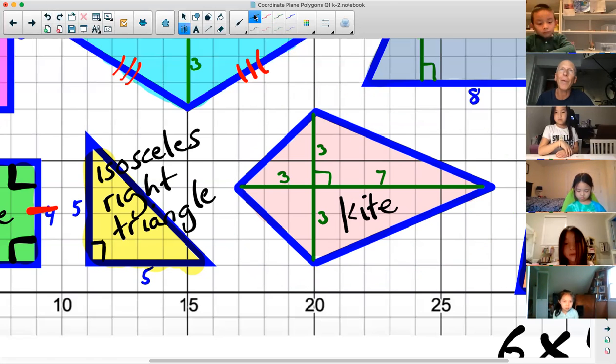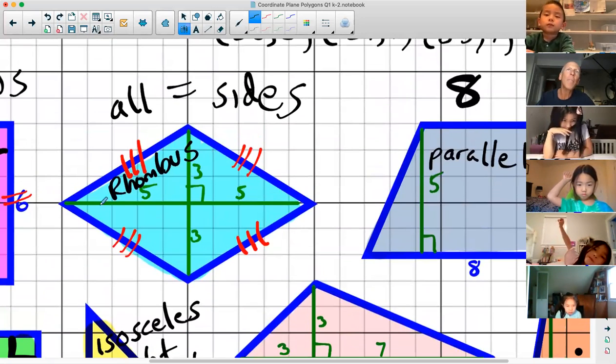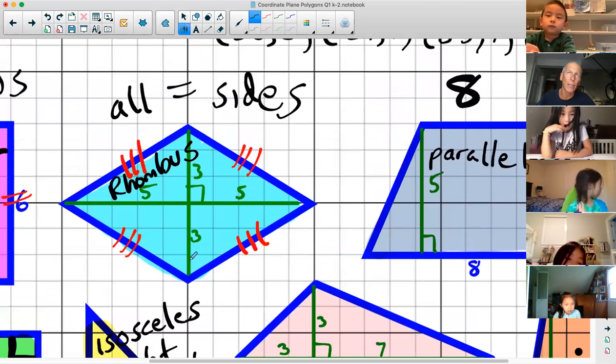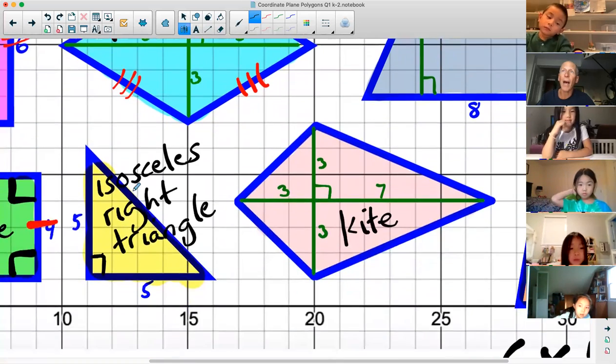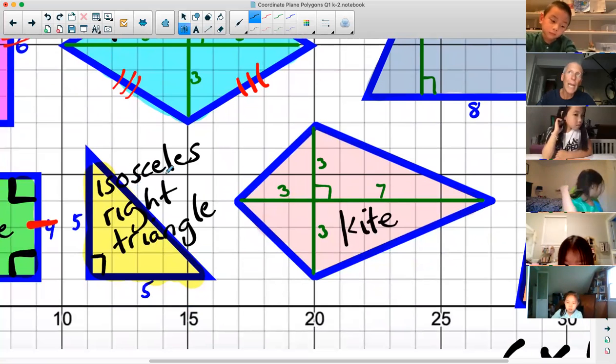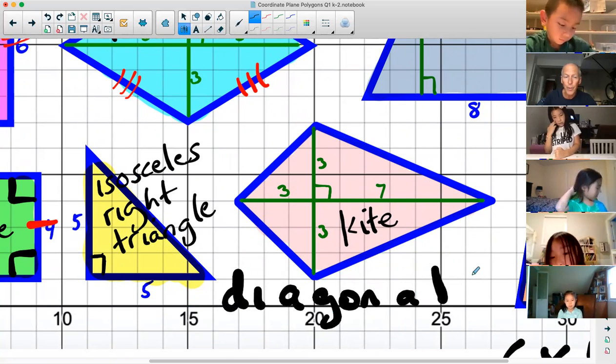Who can name this kite? Now remember how we named the rhombus. We named the rhombus by its diagonals. And it was beautifully done by, I think, Valerie and Annalise. And I'm interested in who could name the kite by its diagonals.